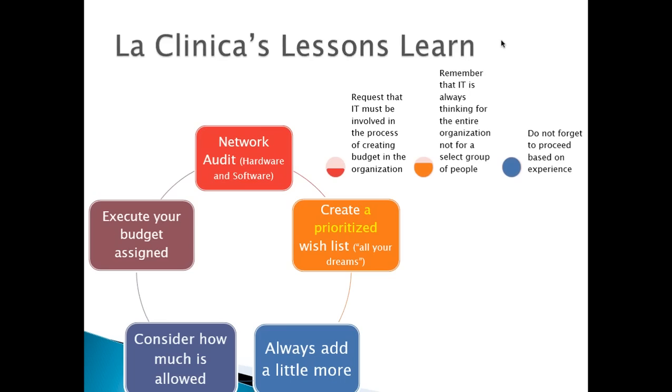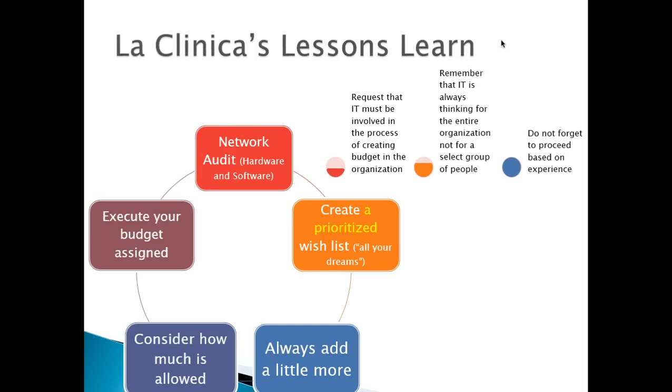This is basically an overview of what Johan was trying to explain to us, and I will mention the network audit is important. When you are planning, you have to create a prioritized wish list. This means that you have to do like a dream list. Whatever you want, put it in the list. It doesn't matter.